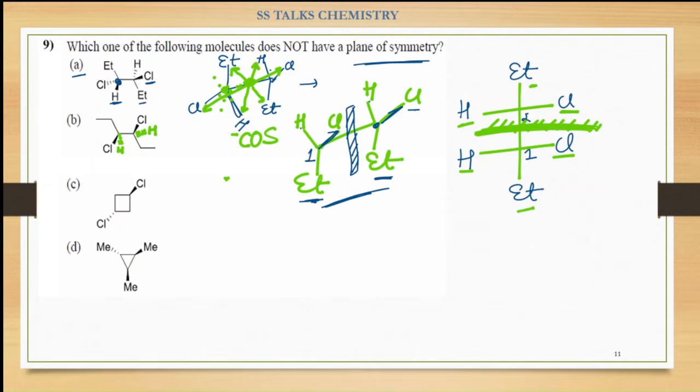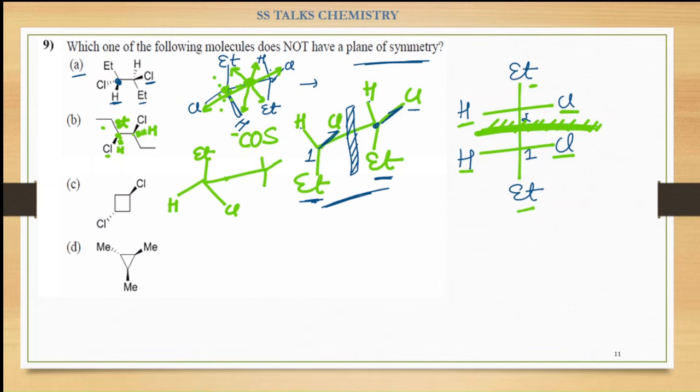So let us first draw it into the Sawhorse projection. At this particular carbon center, I have this inverted Y position. Here the ethyl substituent is present. On the wedge side there is the Cl, and at the dash side there is this hydrogen atom. And on the other carbon center, you observe this type of species.